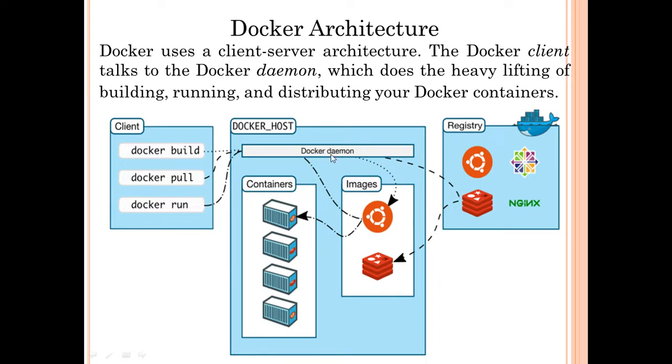So what happens if the Docker daemon is able to find the image present locally? If the image which you want to run is present on that system, it will run it directly, convert that image to a container, and start executing it.